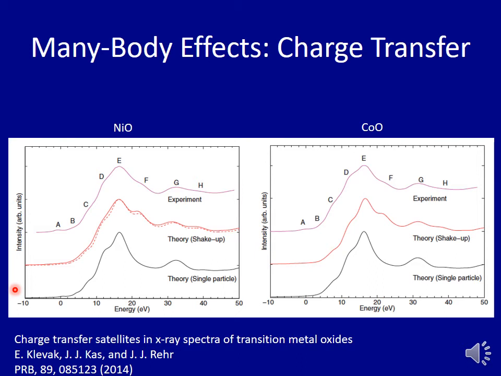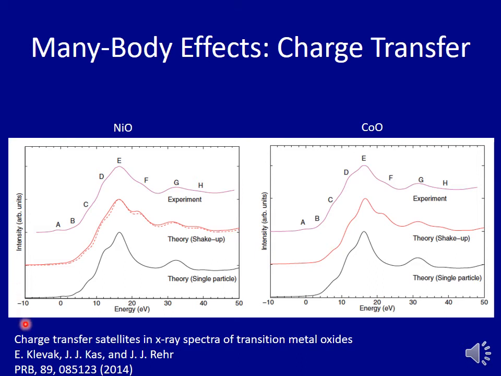In particular, the ligand electrons on the oxygen are pulled onto the metallic absorber, and they can oscillate back and forth between them. And so you get a satellite corresponding to a state where the extra electron is on the ligand, and a main peak where the state is on the metal.